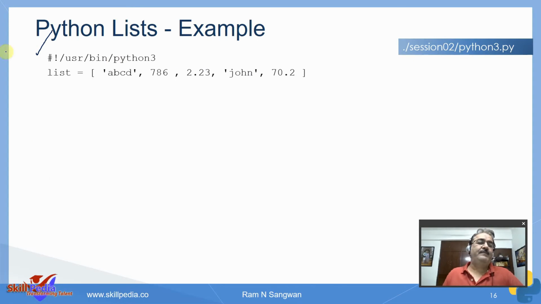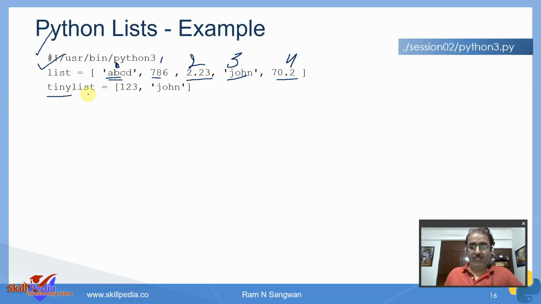Now this is the list. First element index number 0, second element index number 1, third element index number 2, 3 and 4. So list 0 will have this, list 1 will have this, list 2 will have 2.23, list 3 will have John, list 4 will have 70.2.